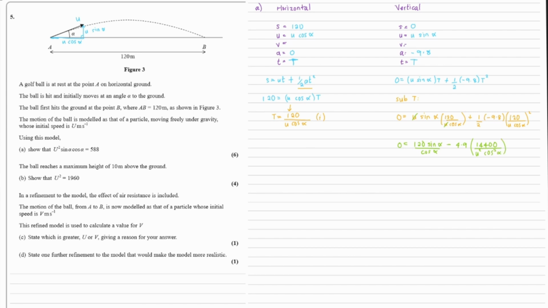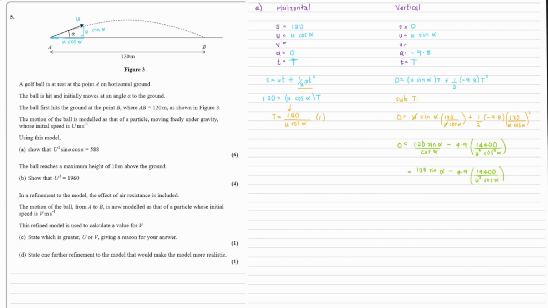We can then multiply both of these terms by cosine alpha to simplify it. So in the first part, our cosine alpha will disappear from the denominator. And in my second part of the equation, my cosine squared alpha will be just cosine alpha.